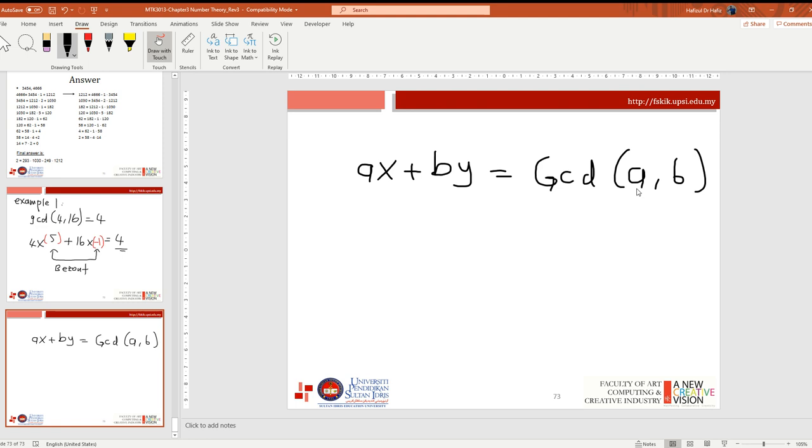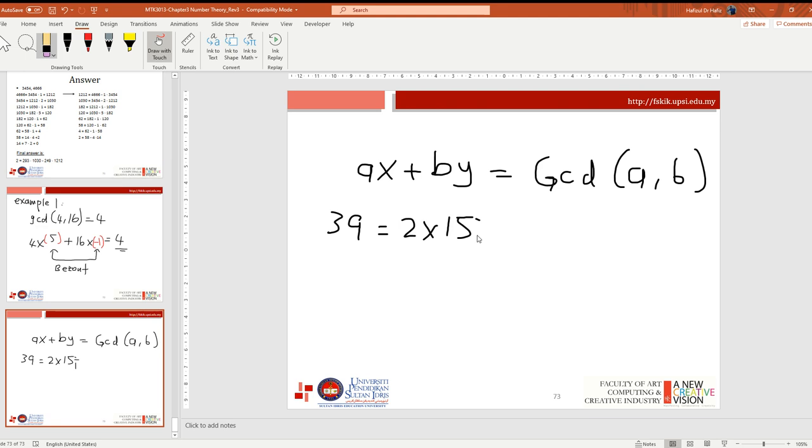Saya tengok ya. Okay, and then kalau kita tengok 39, 9 sama dengan 2 kali 15 tambah 9.